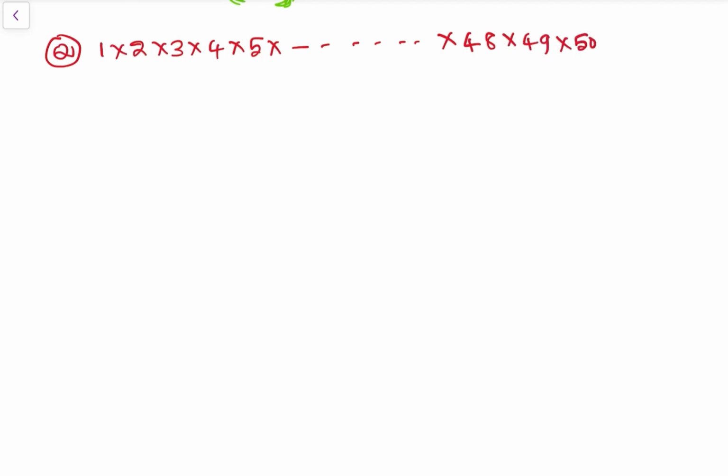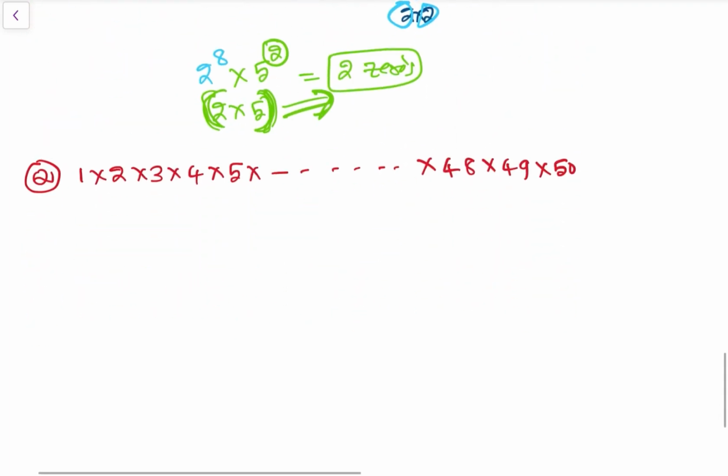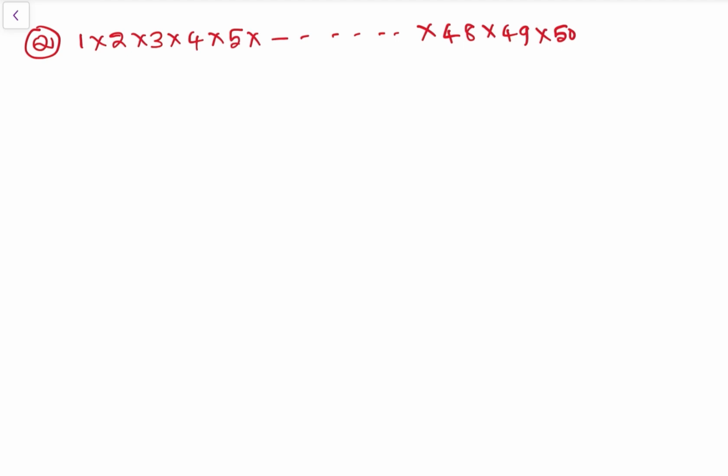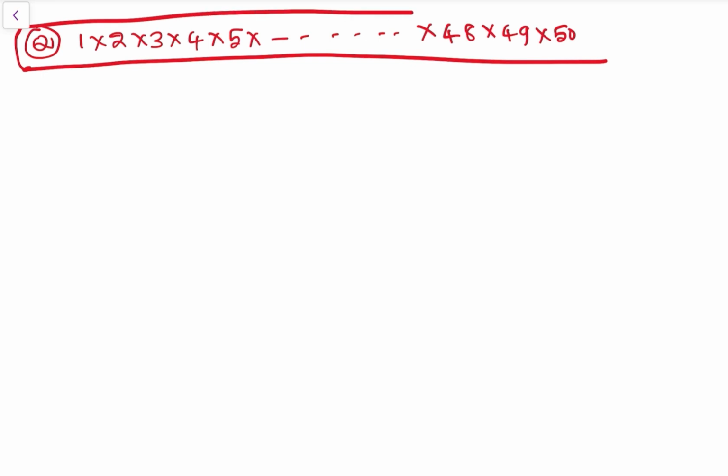So if the product is like this, it is not possible for us to count the number of 2s and 5s for each number, like the way we are doing here. 50 तक हर नंबर का 2s कितने आता है, 5 कितने आता है, वो पॉसिबल नहीं है. So now how to do this kind of question? How to solve this kind of consecutive series में जो product किया तो last में कितने zeros आएगा.